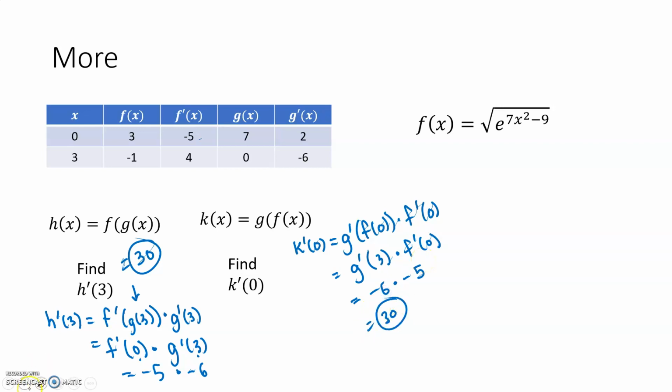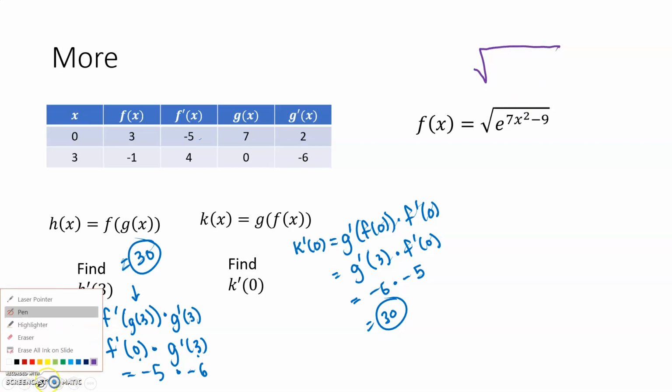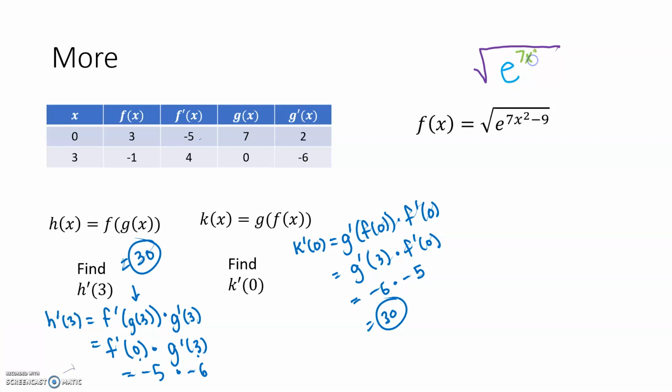All right. The last example is kind of a big problem. We have the square root of e to the 7x squared minus 9.